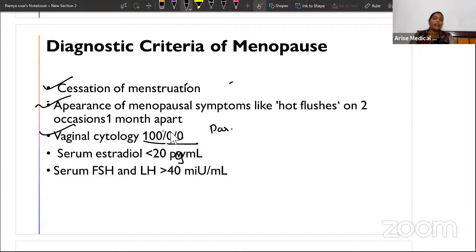Parabasal and basal cells are under no hormonal influence and they are round to oval. So parabasal and basal cells will increase, whereas intermediate and superficial cells are completely zero. Serum estradiol should be less than 20 picogram per ml. Serum FSH and LH should be more than 40 milli international units per ml or 40 international units per liter.